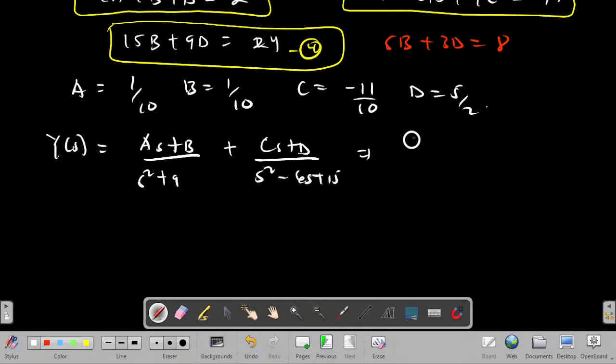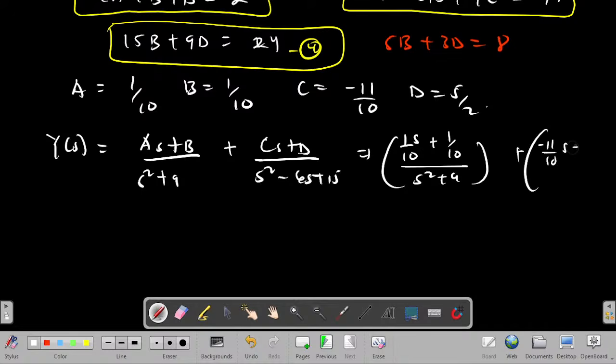So introducing the variables, I have 1 out of 10 s plus 1 out of 10 over s squared plus 9 plus my c, negative 11 out of 10 s plus 5 out of 2 over s squared minus 6s plus 15. Once I have this done, what do I do?